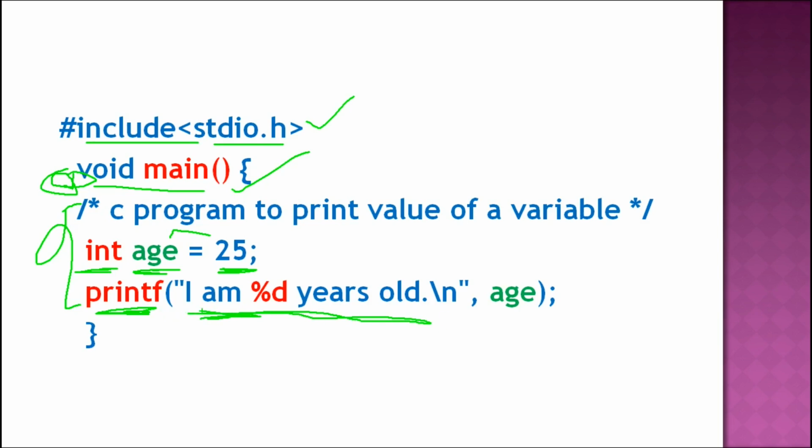Here is "I am", and %d is the integer format specifier, and it will print the 25 value which is stored in age. Then it prints "years old" and gives a new line. This is what will happen in our output.